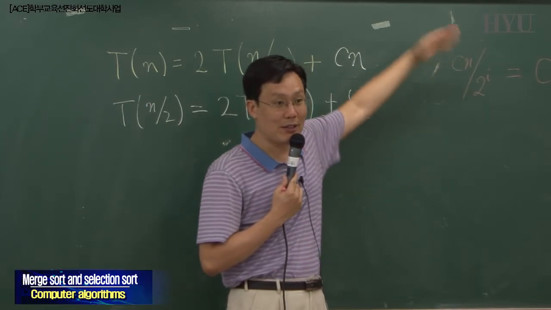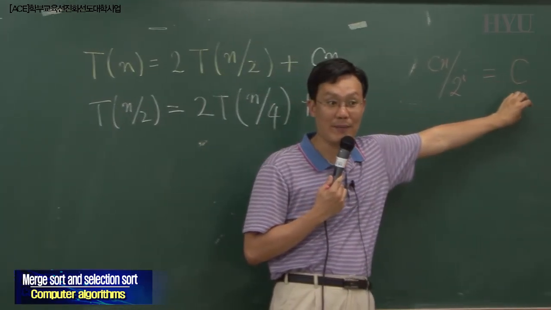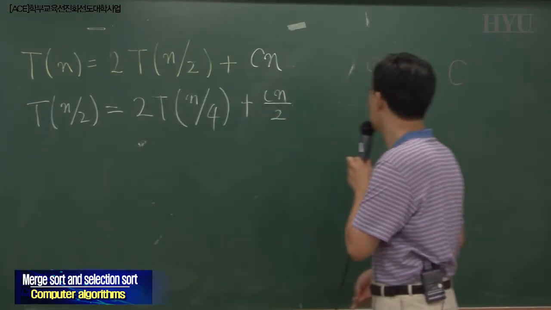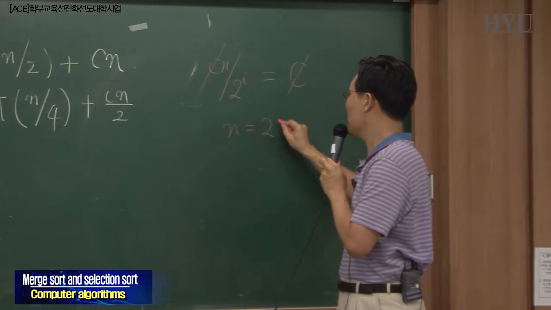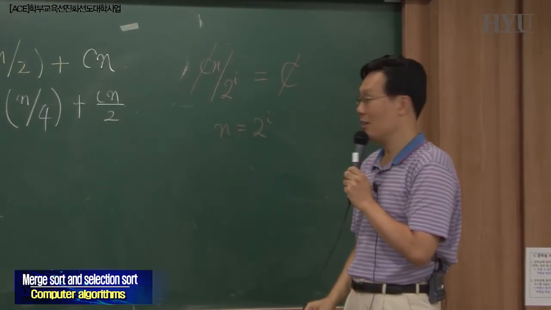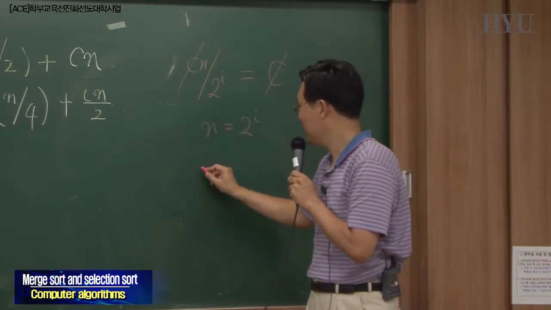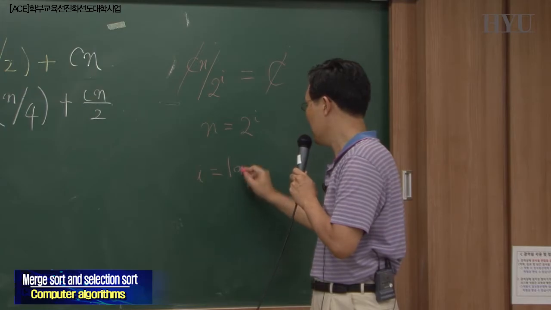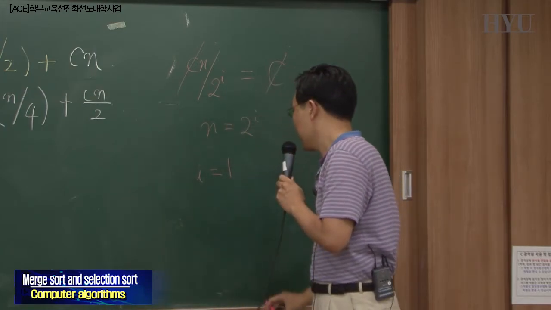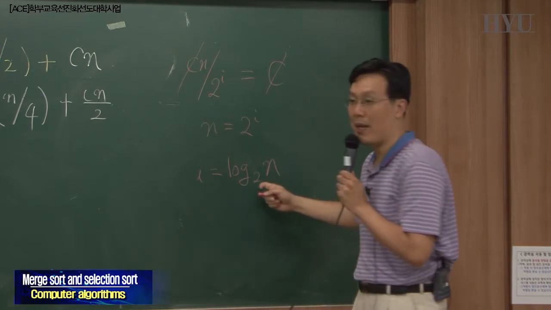In the bottom level, this is the same as c. A simple calculation makes this like this, and by definition of log, i is log n whose base is 2.